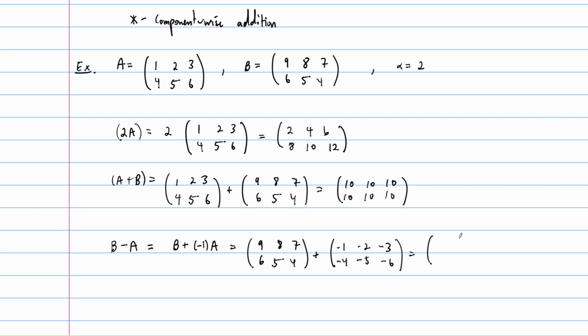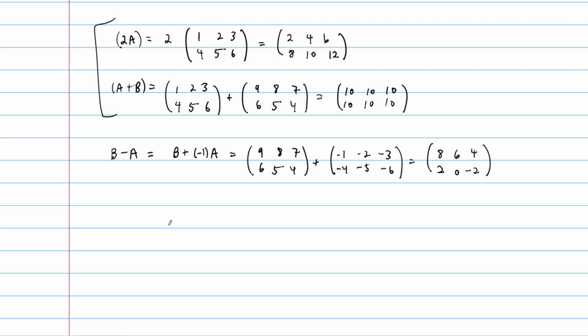And after this subtraction, what are we going to get? 8, 6, 4, and then 2, 0, -2. So we can subtract matrices component by component as well. We don't need to define that because we can build our subtraction out of the two operations that we do have defined. All right. The next thing that we'd like to talk about is matrix multiplication.